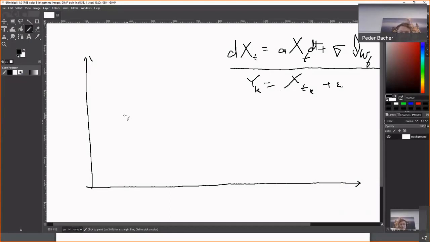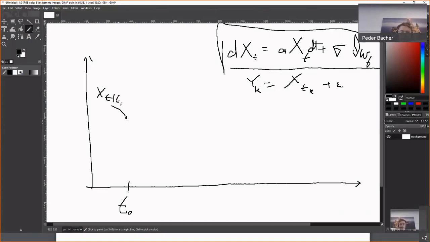So the Kalman filter works such that we start somewhere. We need to have an initial state. So this would be t0. And then from that point in time, we'll use the system equation to predict the states. We keep track of the states in a state vector.